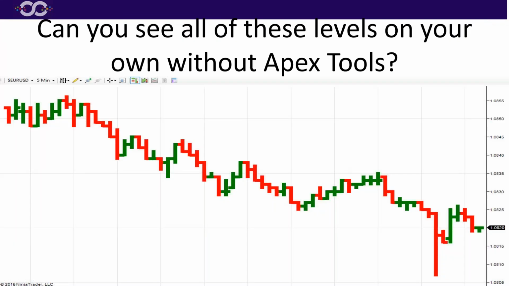Now, can you see all these levels on your own without these Apex tools? Can you see these walls? Can you see these zones, these deviation levels? Can you see these walls? I'm being serious. Can you see these levels on your own? I can't see them on my own. Remember I said, like, without having this would be like driving 70 miles an hour and blindfolding yourself?